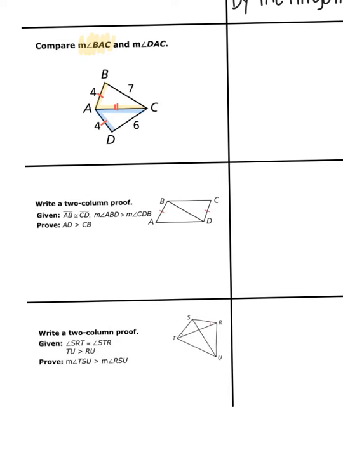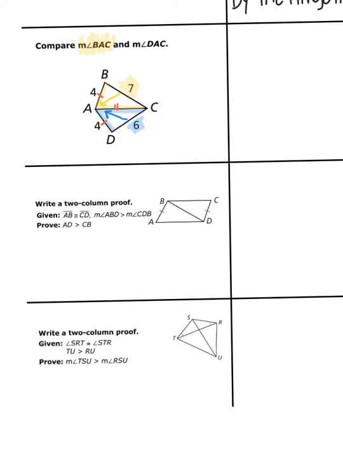And then what I notice is I have an angle here, 7, that is opposite, get my yellow pen, opposite angle BAC. And I also have a measurement 6 that is opposite angle DAC.